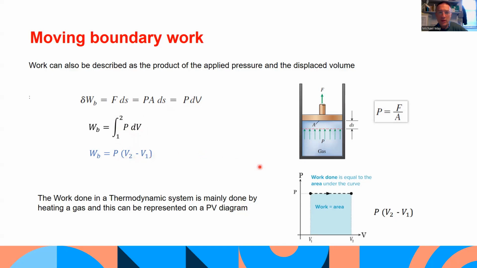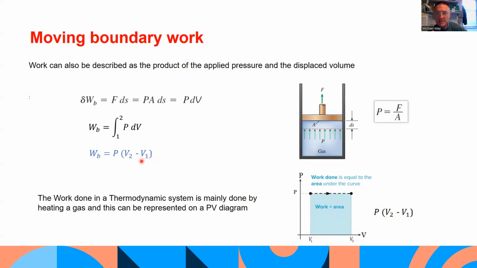Now, if we were to plot that on a PV diagram, it would look like this, a straight line plot between V1 and V2. And if we were to get the area under that curve, it would be the pressure times that change in volume. So we can see that the area under this process path equals the boundary work done.